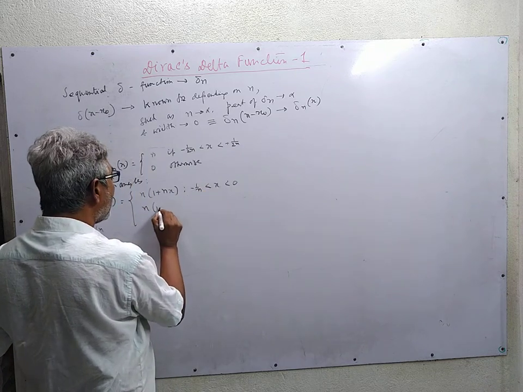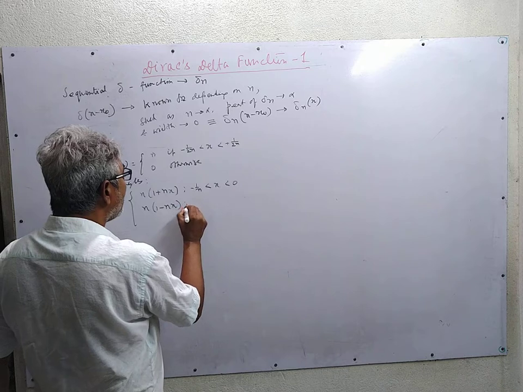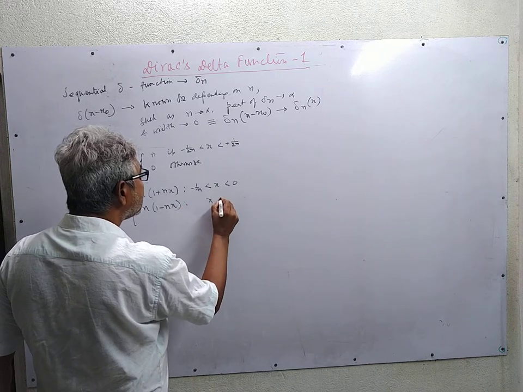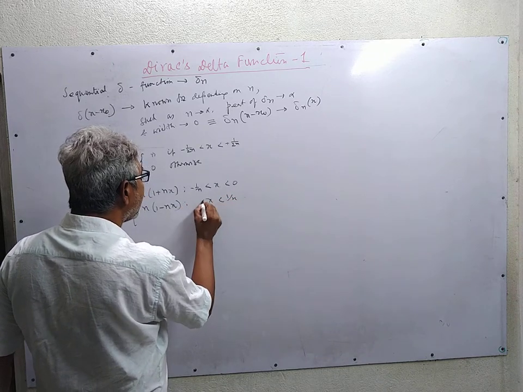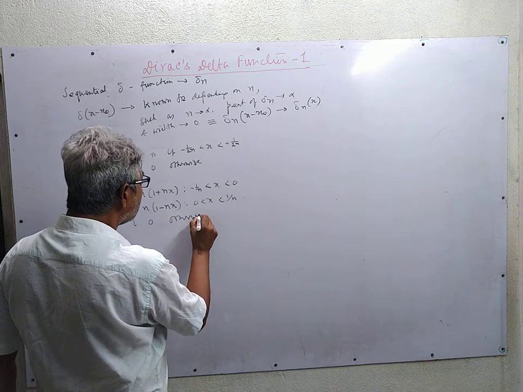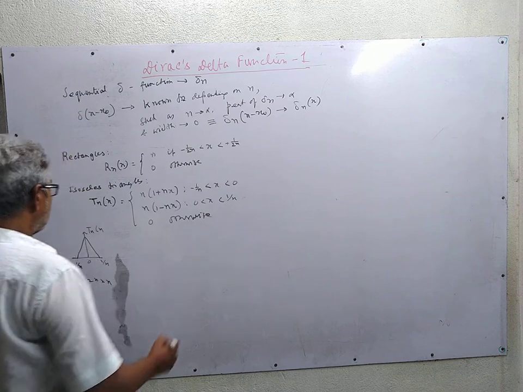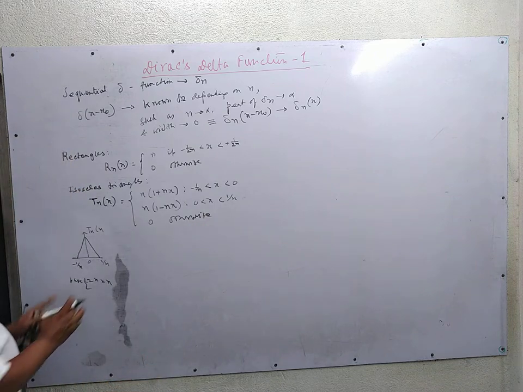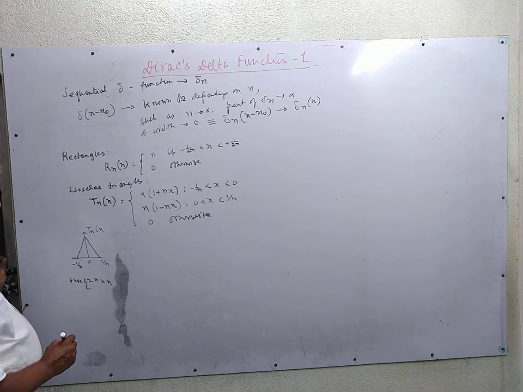This is n(1 minus nx) when x is less than 1 upon n and greater than 0, and 0 otherwise. This is the sequential representation of the delta function with triangles.